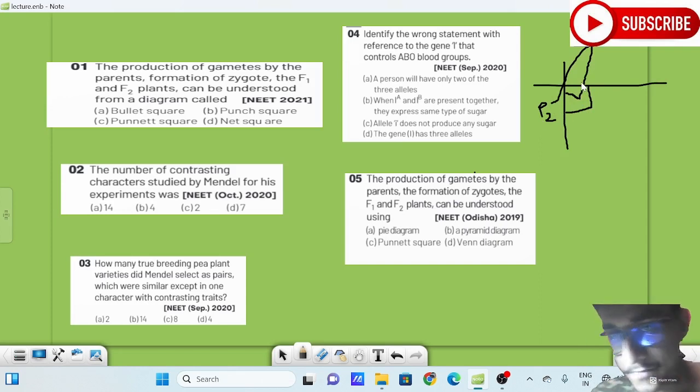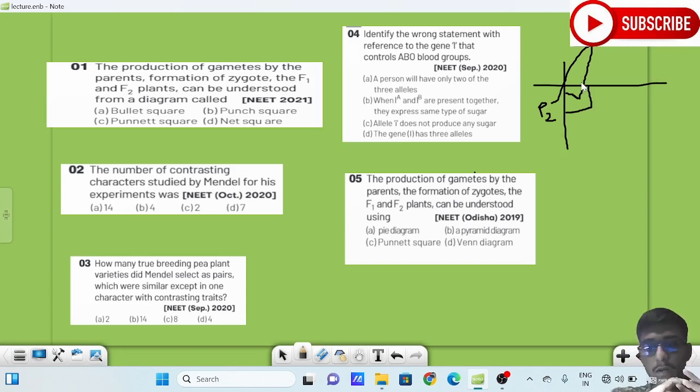From that fusion we can understand the genotype and also the phenotype of an organism. So the Punnett square, founded by Reginald C. Punnett in 1917, is used to find the genotype and phenotype of an organism. So option C.